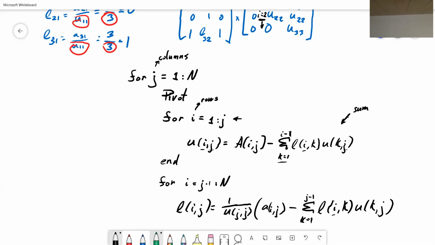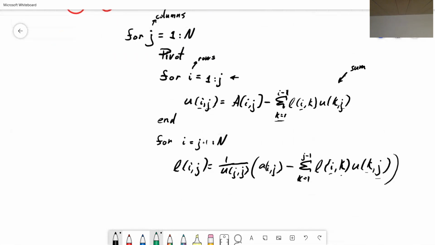So again, these are the current row, current column, and you can choose to do a loop over k if that's what you like, or do a summation. It's up to you. But this is the general expression. We end that loop.